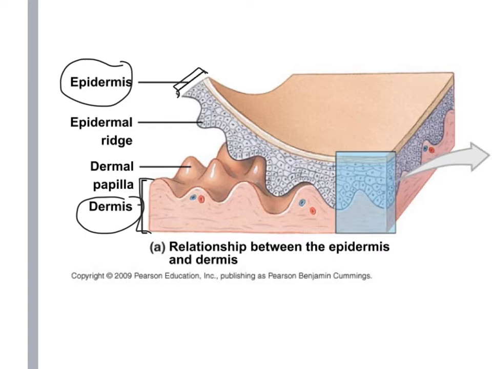Now, the basement membrane and the cells at the bottom of the epidermis, they're not going to be flat, because if the two layers had flat edges, they would come together like this, and that would make it very easy to separate. So instead, we've got these ridges in the epidermis, and we've got these papillae that poke upwards in the dermis, and they come together more like a puzzle piece.